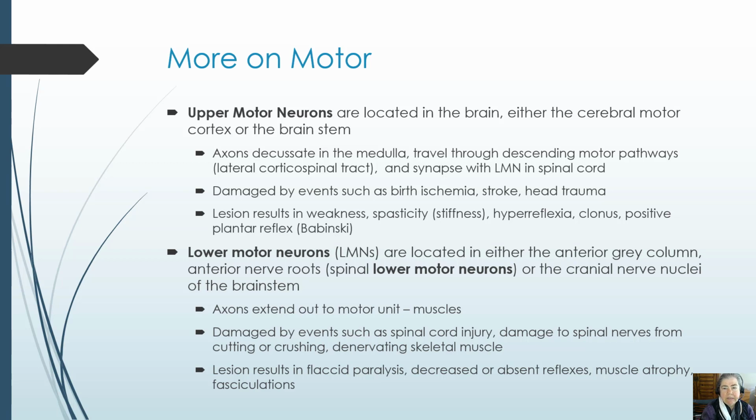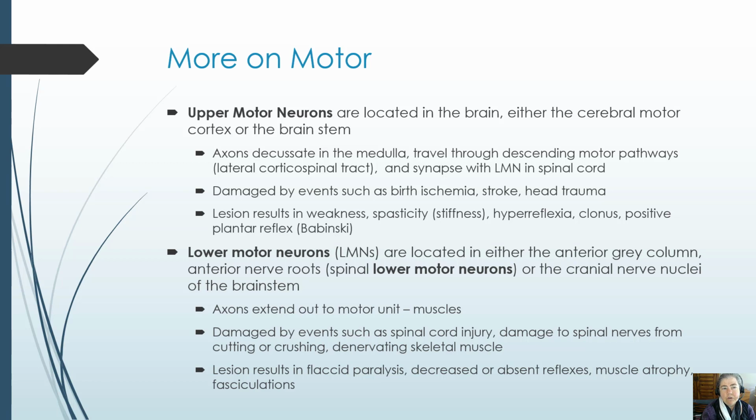Upper motor neurons originate in the central nervous system. The axons cross from the left to the right or from the right to the left in the medulla, and then they travel through those descending motor pathways we saw at the end of the last lecture, the lateral corticospinal tract, and they synapse in the spinal cord, so still in the central nervous system, with lower motor neurons.